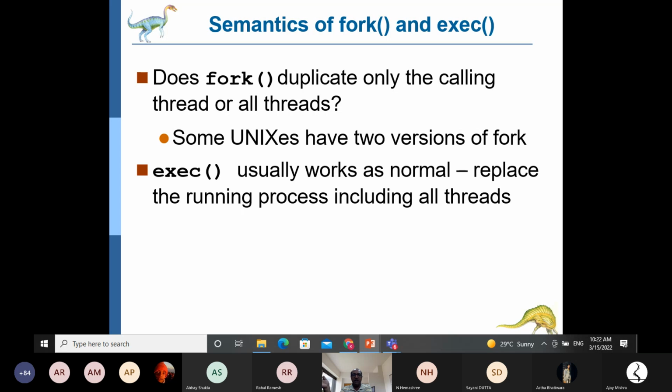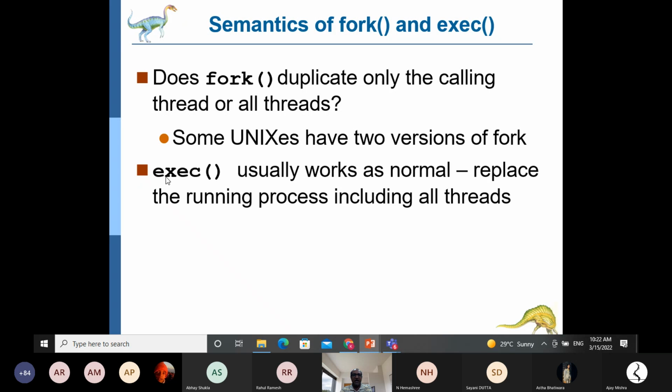The other creates a child process that contains only the thread that executed the fork system call. So in these two versions, which one has to be used? Is the child a complete replica of the entire parent process, or does the child contain only the particular thread that executed the call?